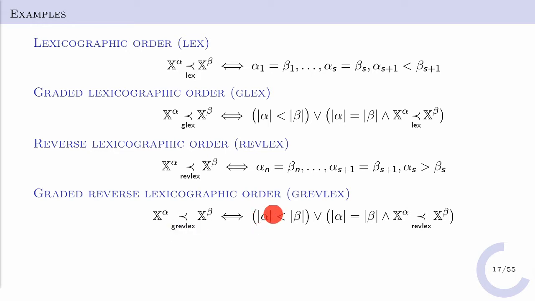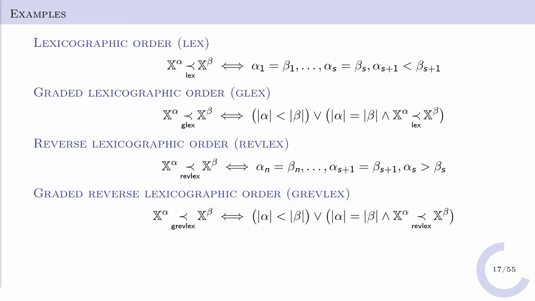So if the sum of alphas is less than the sum of betas, then x^alpha is less than x^beta. If the two total degrees are the same, then we revert to REVLEX and compare these two monomials with respect to REVLEX, so right to left, and the smaller one is the one with a higher exponent.